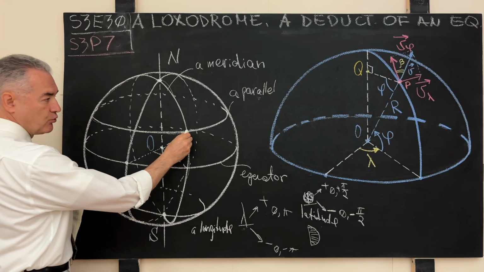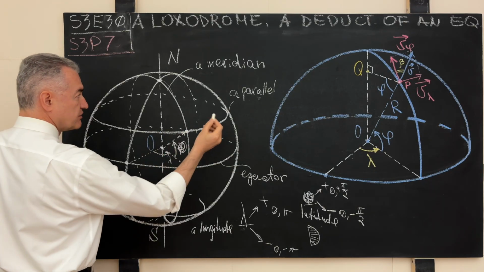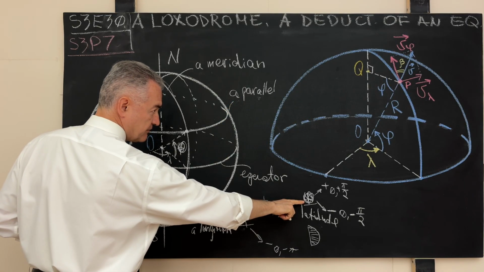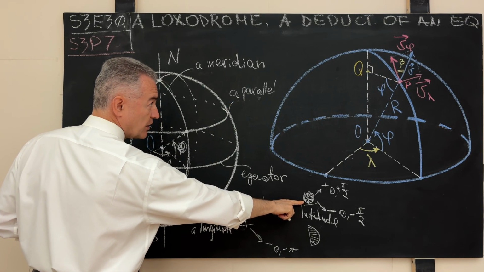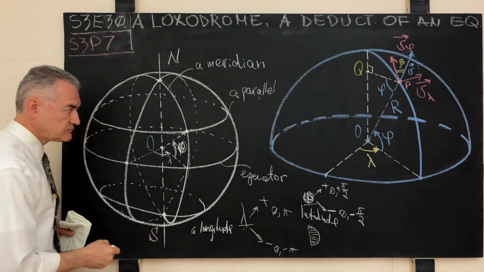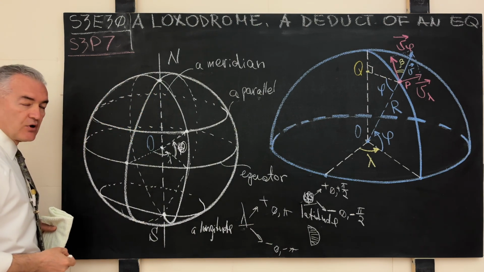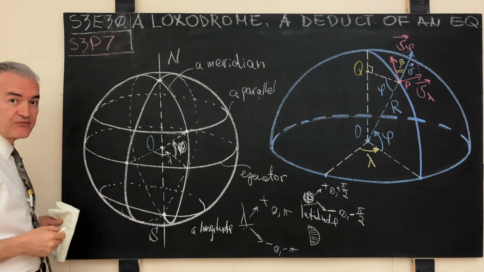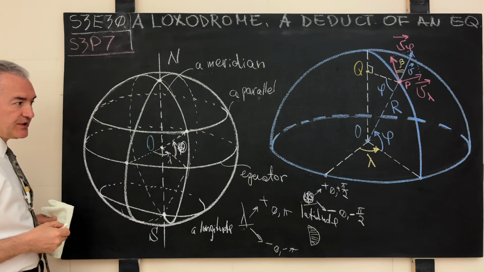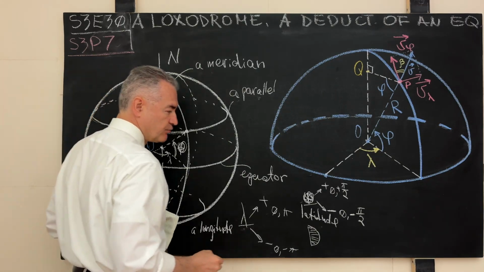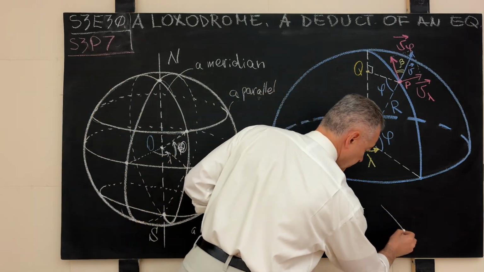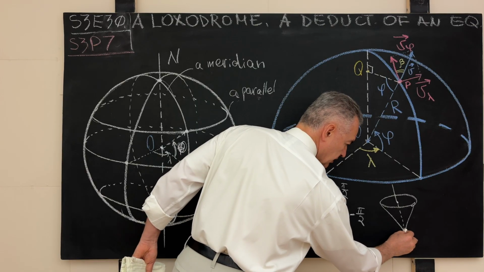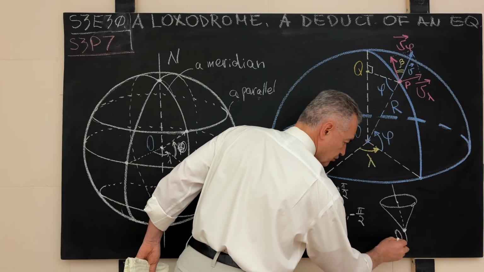Likewise, if a point executes a motion, one complete revolution over one and the same parallel, or having the latitude one and the same, phi, then what type of geometric shape will its radius vector sweep? Well, the answer here is that in this case, the radius vector will sweep the right circular cone, and the vertex of that cone will be the origin of our coordinate system.